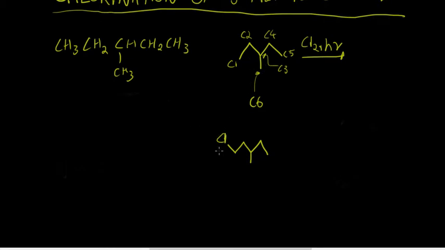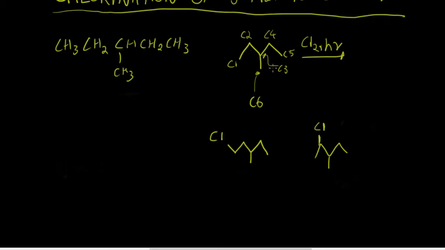Alternatively, this should be Cl. I know it looks like something else, but here, I'll just rewrite it. You could have chlorination at either C2 or C4, but those would be the same as well. So they'd be different from this chlorination, but they'd be the same as each other. So you get this product.